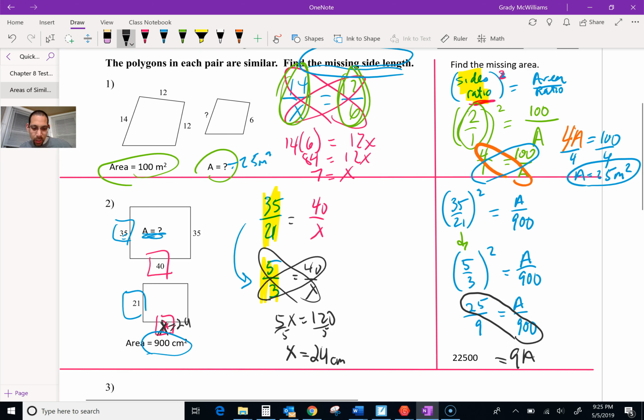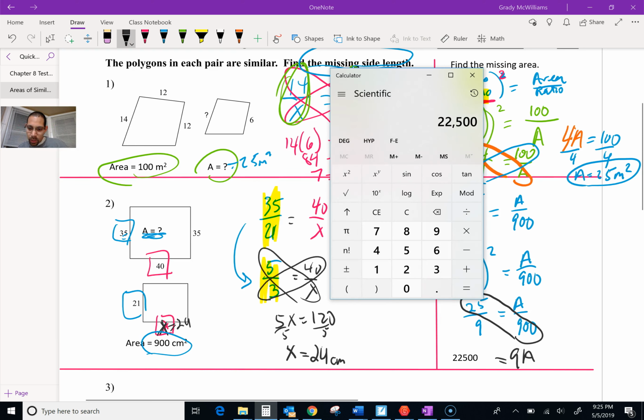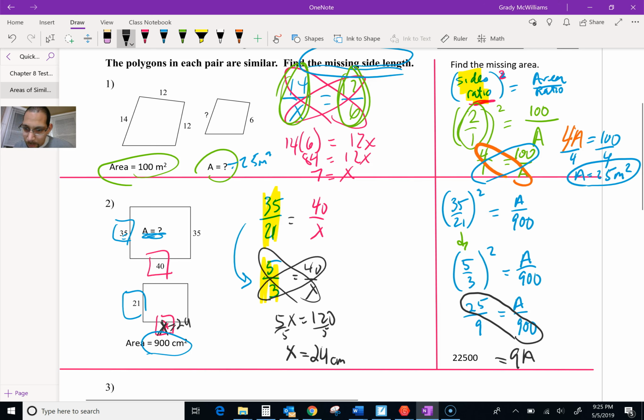I'm going to divide by 9 on both sides. And it means my answer is 2,500. Okay? So a is 2,500 like I told you it was going to be. Our unit should be centimeters squared. Okay, so that's the answer for the second question. Hopefully that makes a little bit of sense.